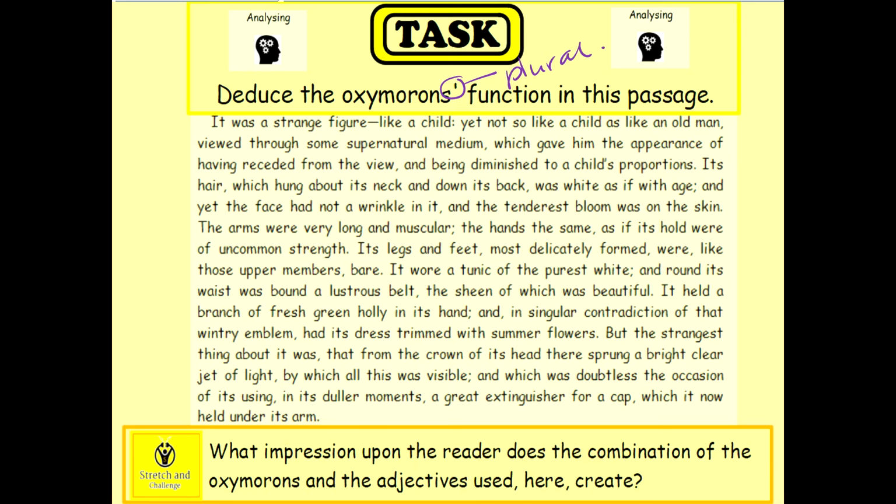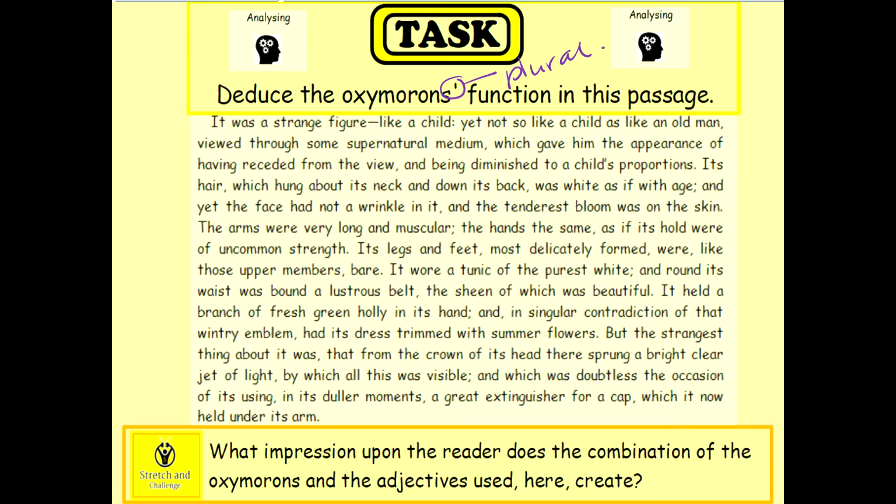The arms were very long and muscular, the hands the same, as if its hold were of uncommon strength. Its legs and feet, most delicately formed, were like those upper members, bare. It wore a tunic of the purest white, and round its waist was bound a lustrous belt, the sheen of which was beautiful.